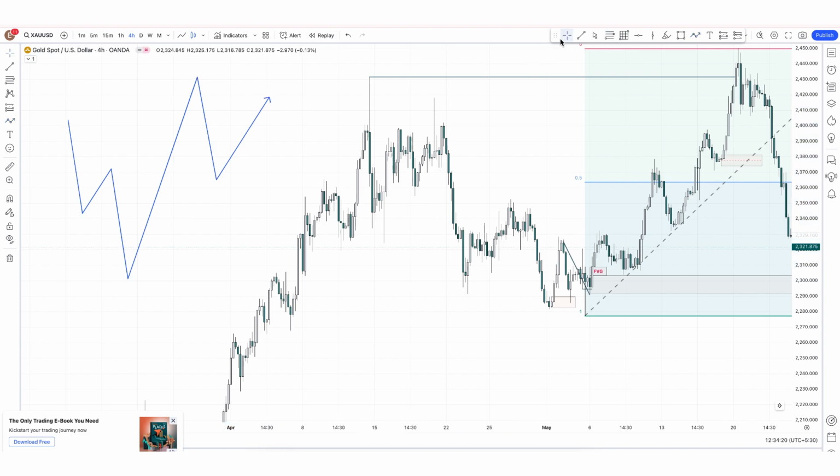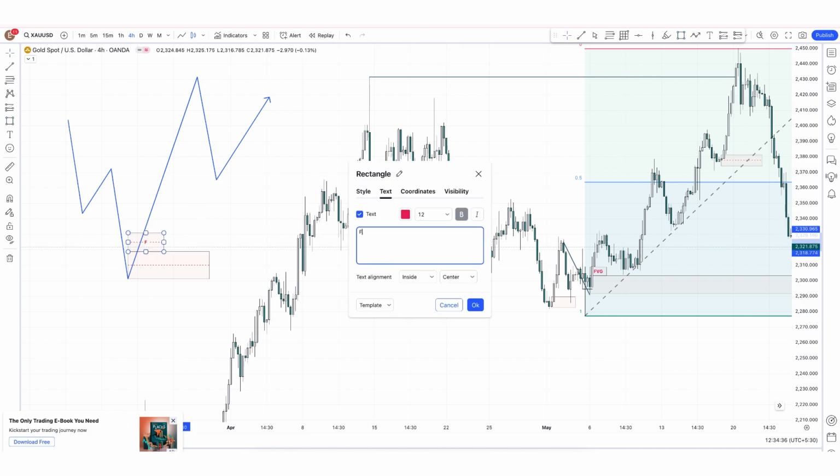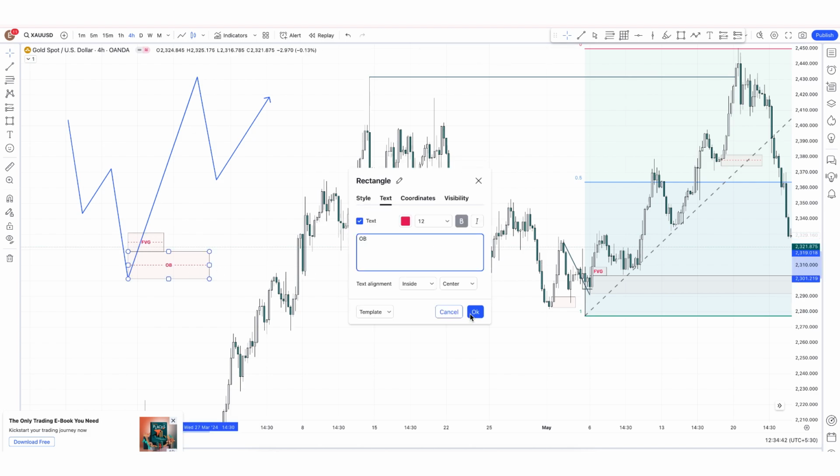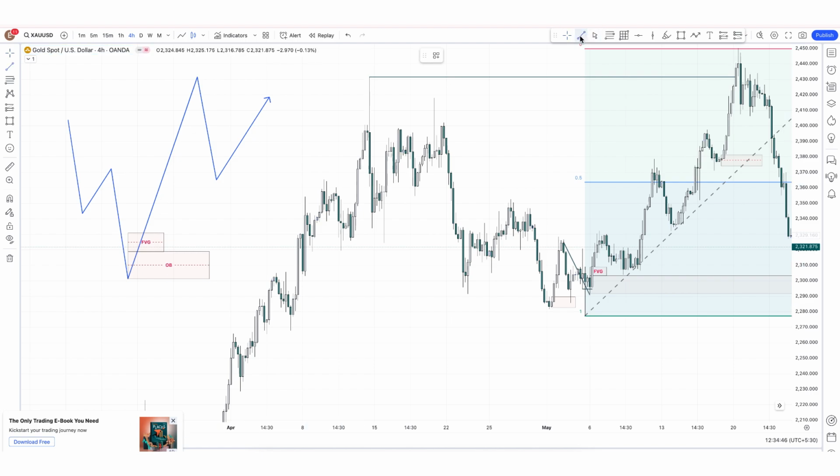Your order block is here, and your FVG is here. FVG, and this is your order block, right? But this is your breaker block. Sorry, this is your breaker block, and price touches it and goes higher.